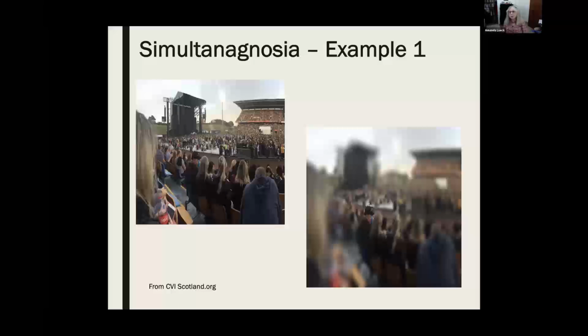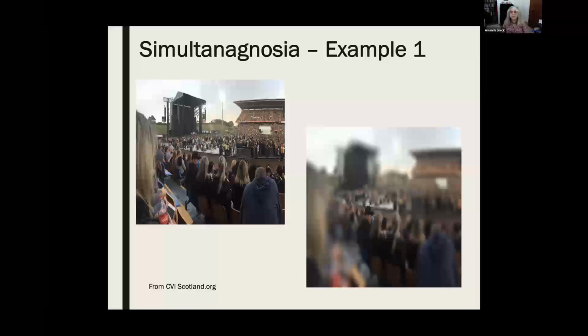This is what, on the slide at the right, someone with CVI might see. And this was taken by an adult with CVI, and she explained what she saw and then showed it in this photo, where the only person in this whole thing who's in focus is that one gentleman, and some of the people around him are in focus, but the rest is a bit of a blur.